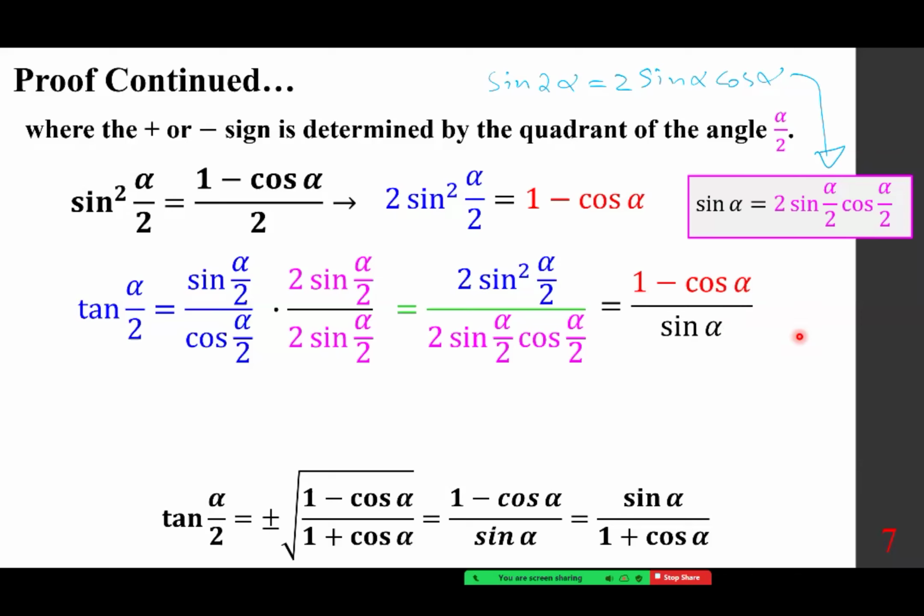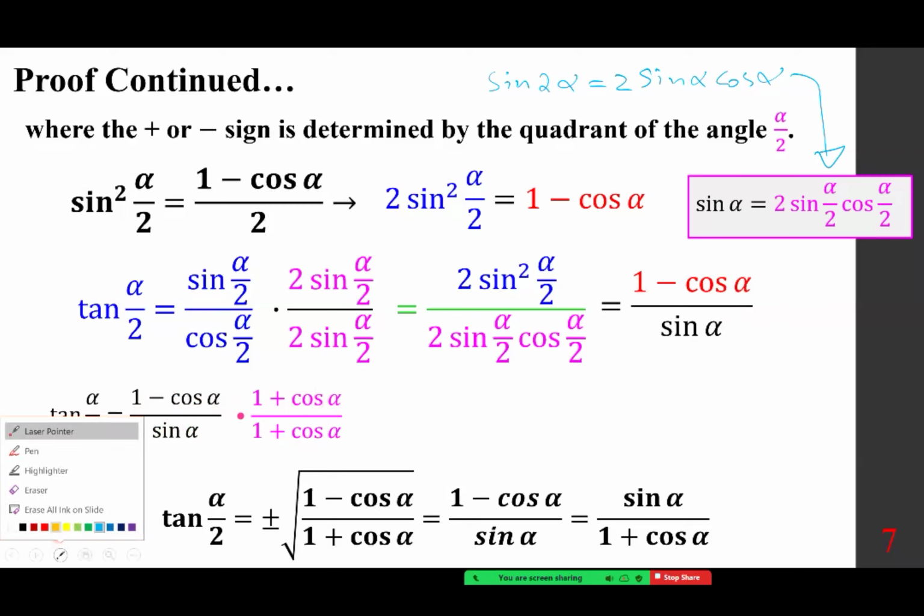And now if I multiply this by the conjugate of the numerator, meaning 1 plus cosine alpha over 1 plus cosine alpha. The numerator we write as a product. The denominator we write as a product. The numerator becomes 1 minus cosine squared because we have A minus B, A plus B, which is A squared minus B squared, 1 minus cosine squared.